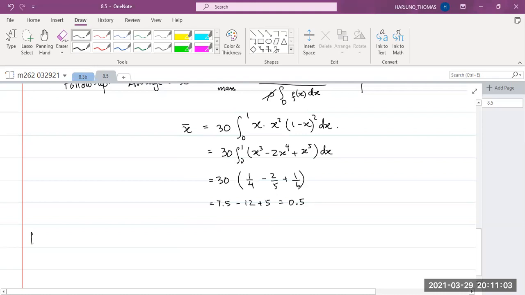Number 6. Let f(x) equal k times (3x minus x squared) for x from 0 to 3, and 0 otherwise.